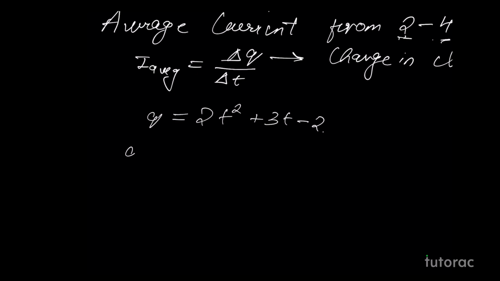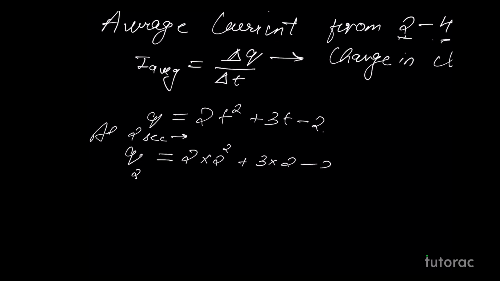Now, let's try to calculate Q at 2 seconds. We'll get 2 into 2 square plus 3 into 2 minus 2. What we'll get? 8 plus 6 minus 2, that is 12 coulomb of charge at 2 seconds.